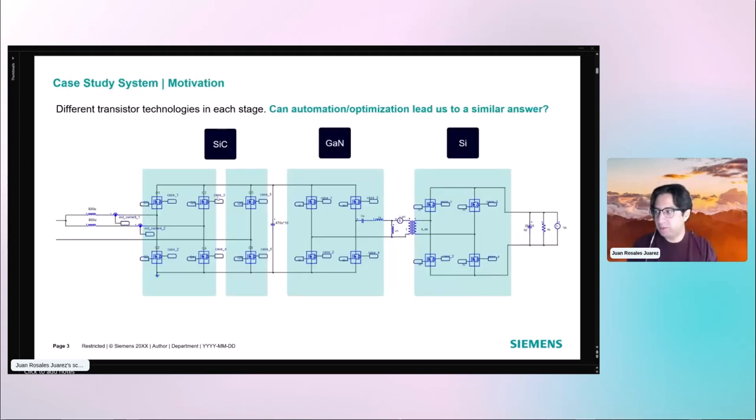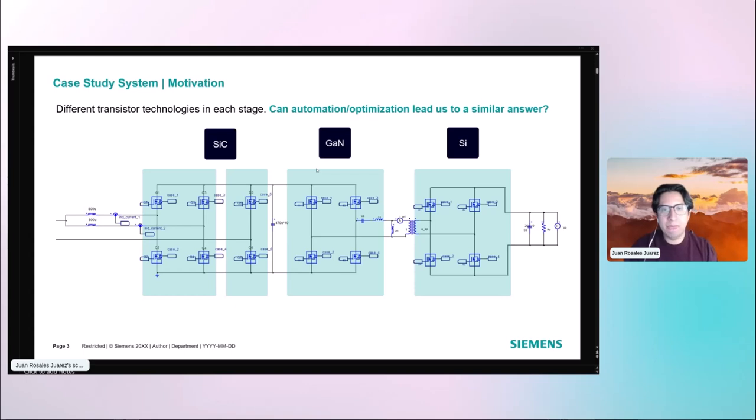Maybe a bit more specific. We saw a schematic similar to this one in an application note from a semiconductor company, and this was for a power supply for a data center. The interesting thing that we saw, and that makes sense, is that they use different transistor technologies for each stage.